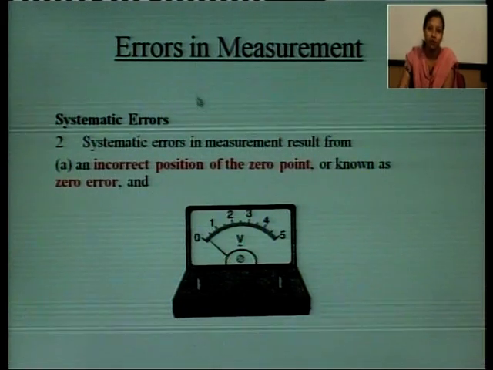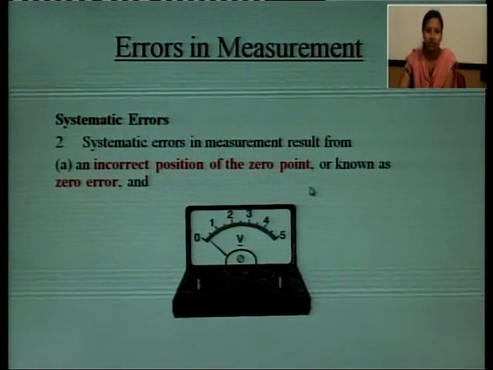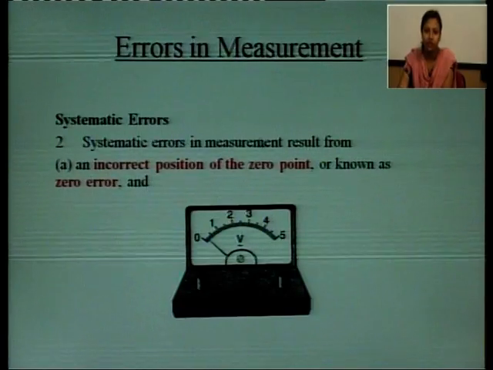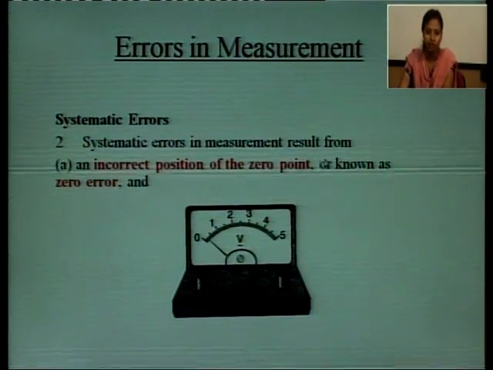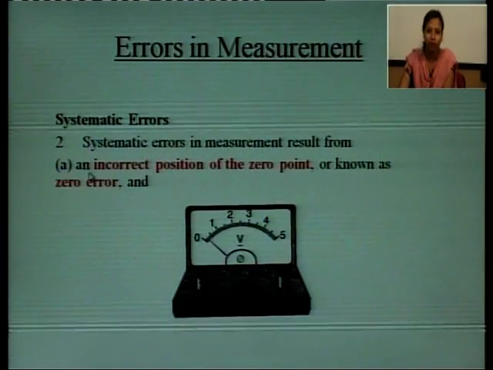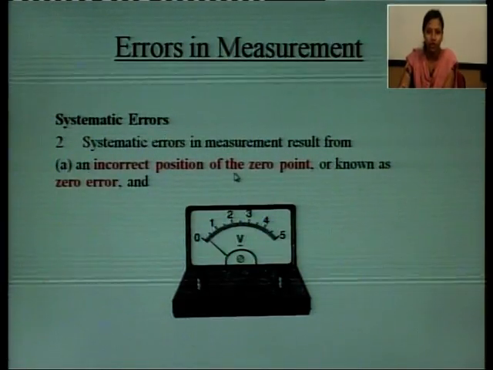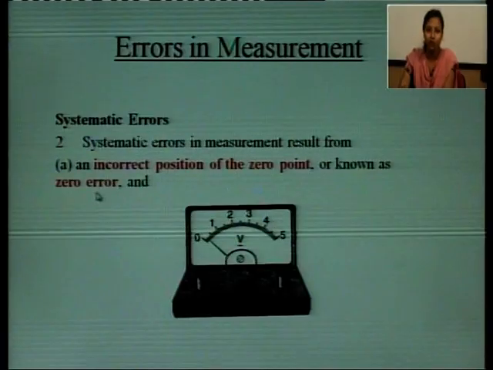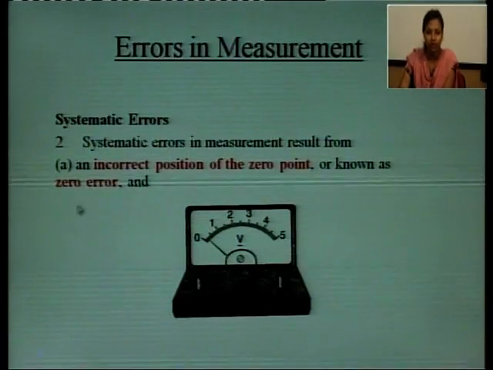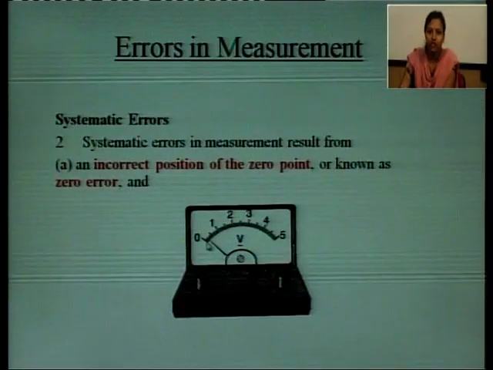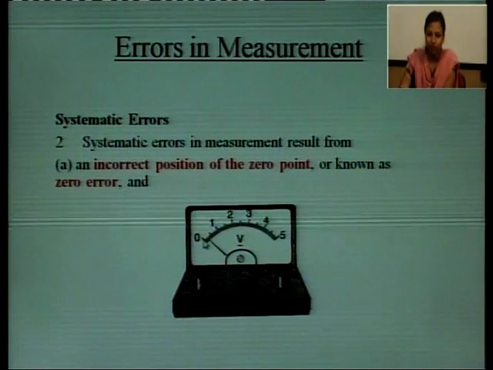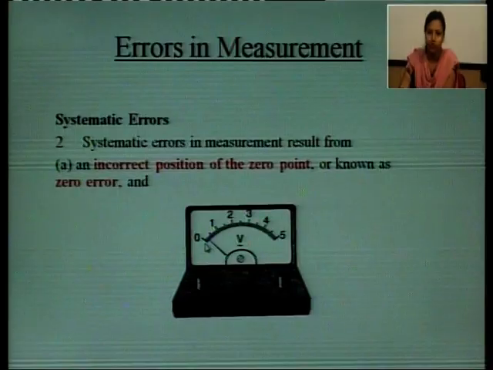The second type of example for systematic error: it results from an incorrect position of the 0 point, known as zero error, as we described previously, for example when the starting point of this voltmeter is not at 0.